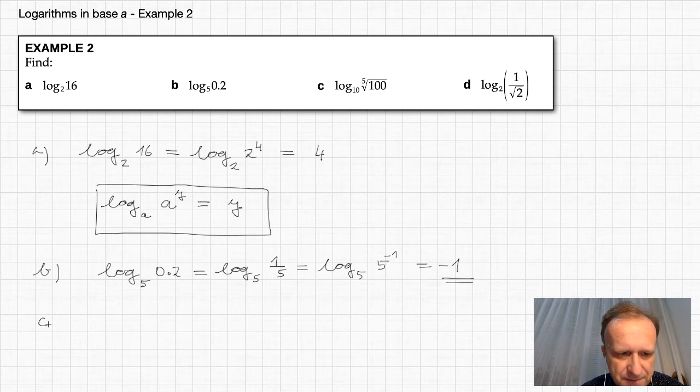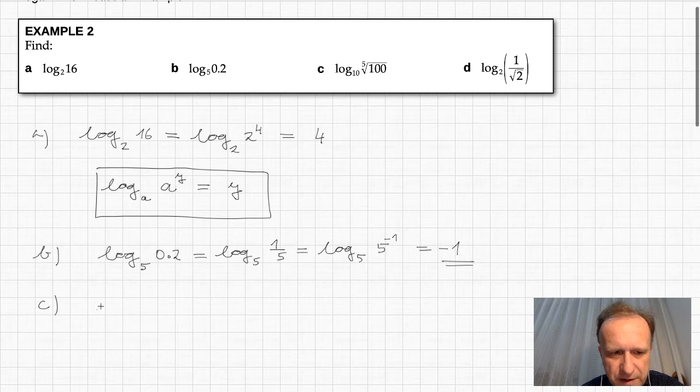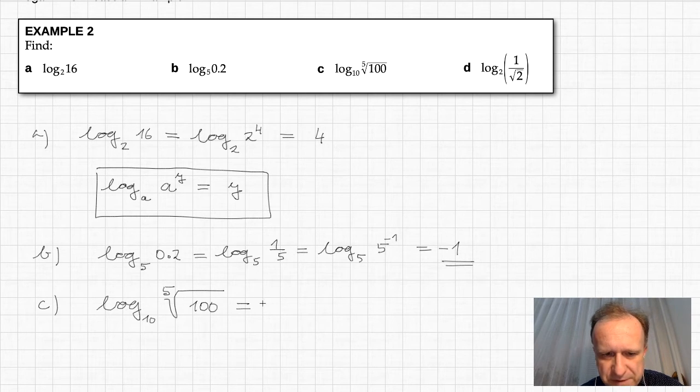In part C, we have a logarithm in base 10 of the 5th root of 100, okay, like that. So let us first try to evaluate this 5th root as the exponential, so replace it by an exponential, so it's the logarithm in base 10 of 100 to the power of 1/5, like that.